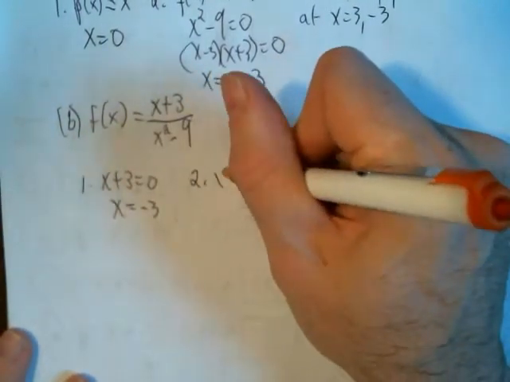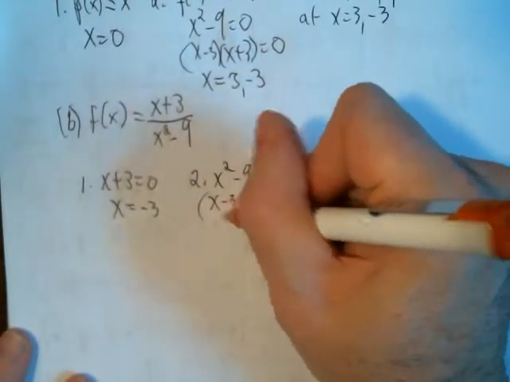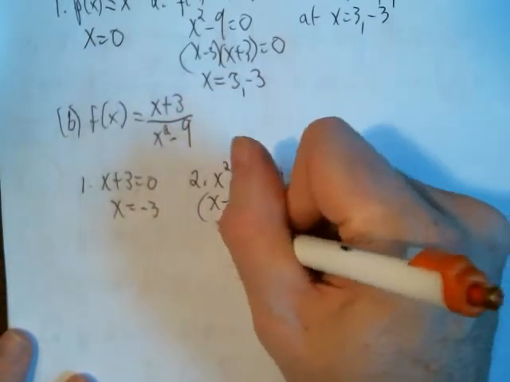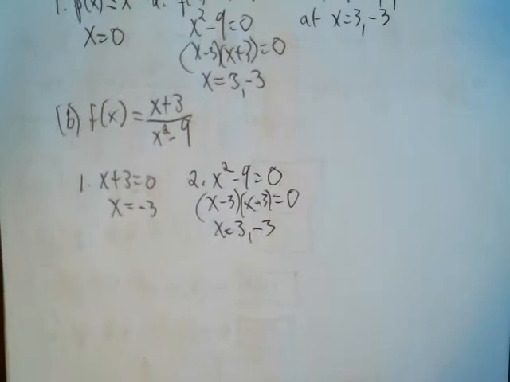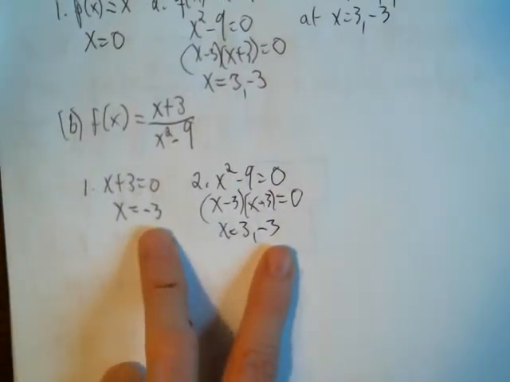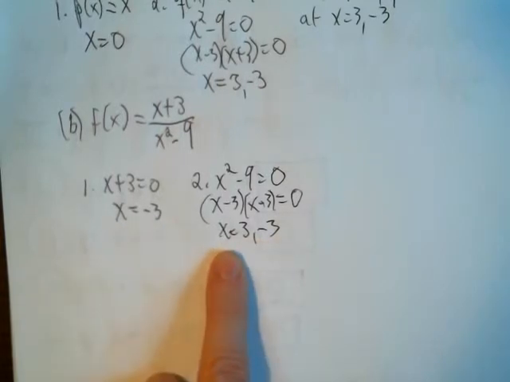And then secondly, x squared minus 9 equals 0. So we'll have x minus 3 times x plus 3 equals 0. So x will equal 3 or negative 3. And there's an issue, right? So at negative 3, there will not be an asymptote, there will be a hole. But at x equals 3, there will be a vertical asymptote.